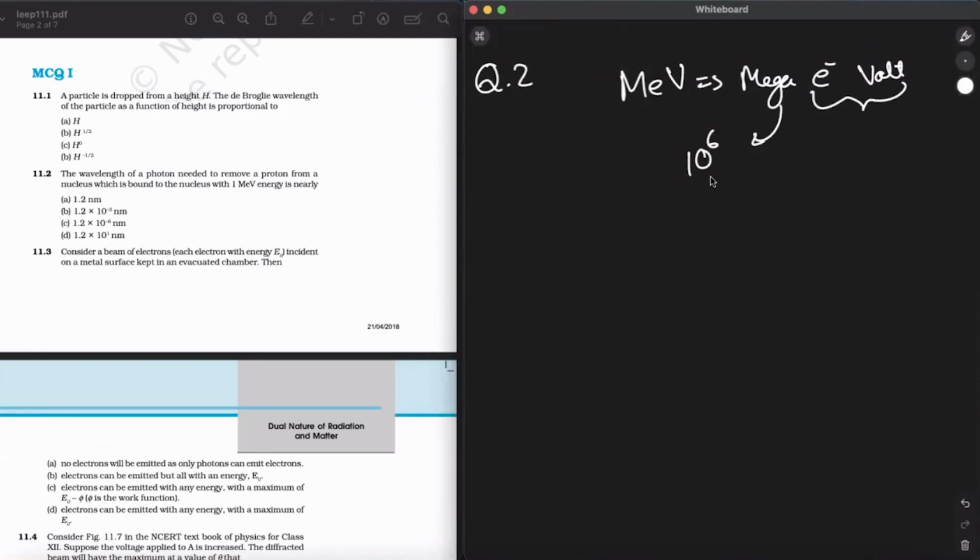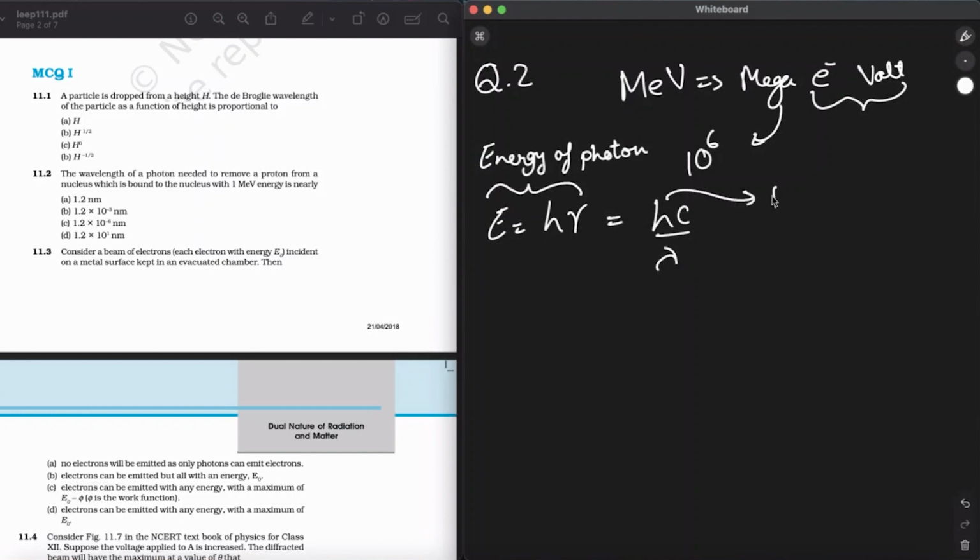Do you recall the energy of a photon? E is equal to h times nu. This you can recall, right? This is the energy of a photon only. And if I write it, it is hc by lambda.